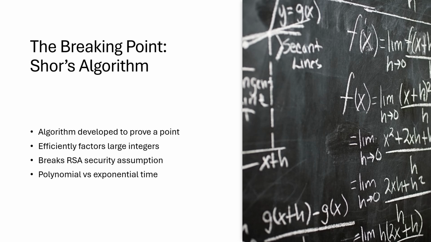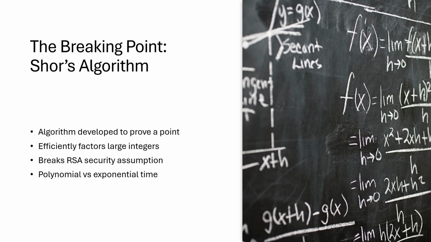Instead of brute forcing each combination, it washes over the entire solution state, all of them, and it gives what it believes is most probably the correct solution, correct factors. That's the word I was looking for.